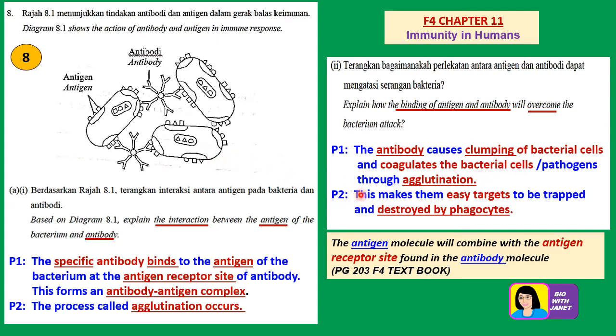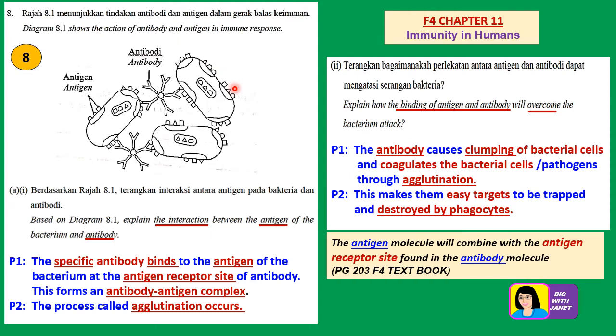Next, to destroy them, this makes them easy targets to be trapped and destroyed by phagocytes. Okay, so imagine after these clumps of bacteria are formed, the phagocyte will move in and extend its pseudopodia to engulf this antibody-antigen complex, and then it will form the vacuole, right?